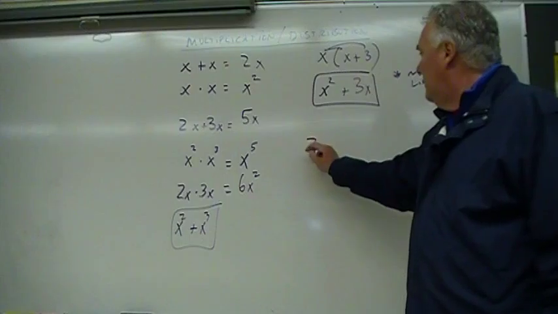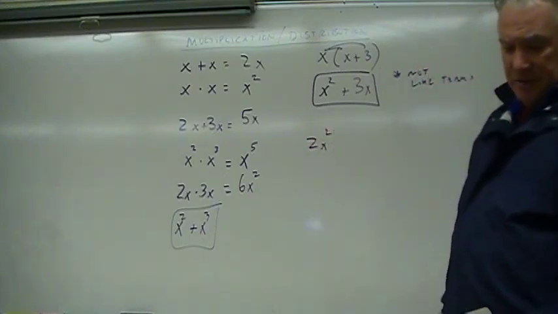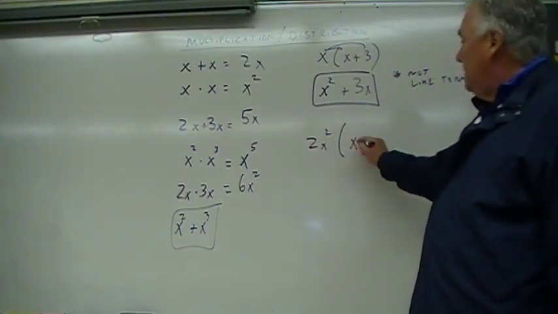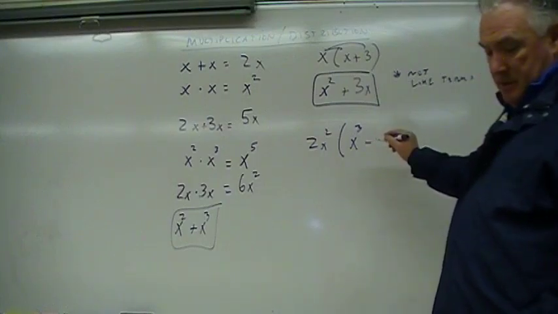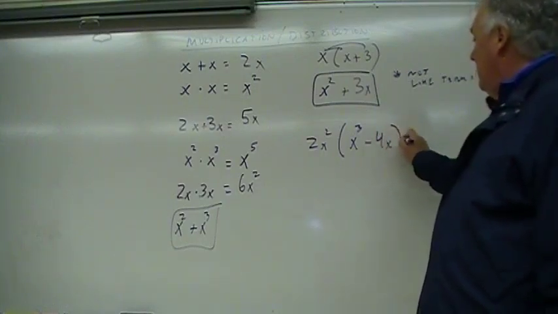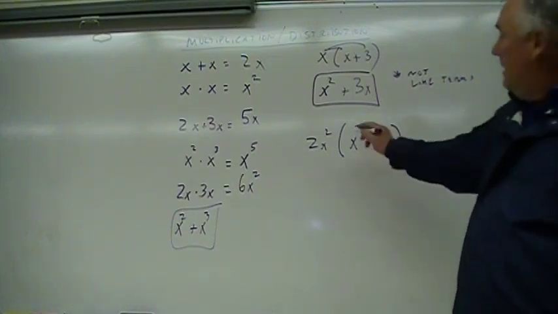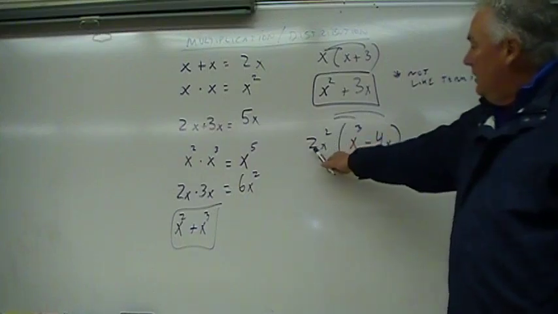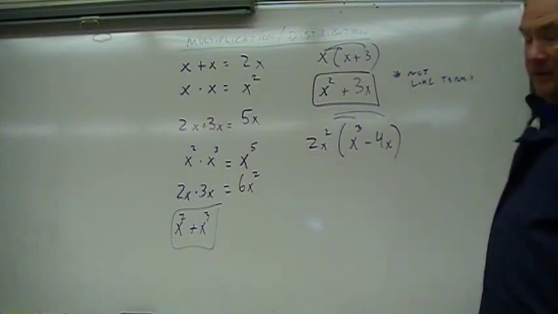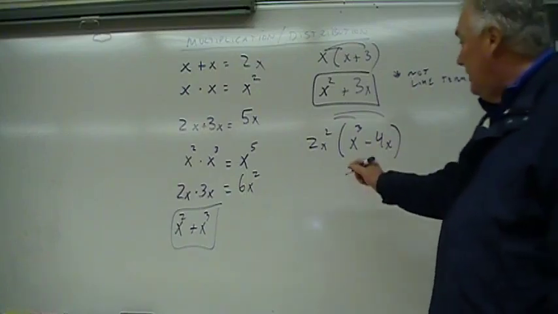Next one. 2x squared times x to the third minus 4x. All right. Distribute, right? 2x squared times x to the third. Looks a little complicated, a lot of stuff flying around in this one.